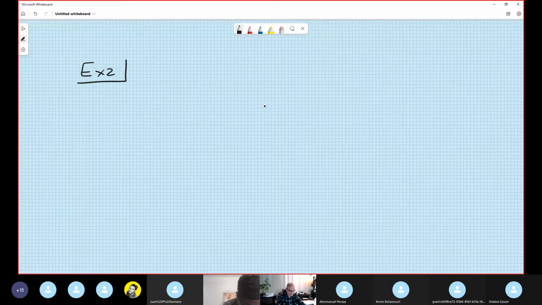Example 2 is f of x equals 3x squared plus 12x plus 5. Here we are doing the same: do the graph.